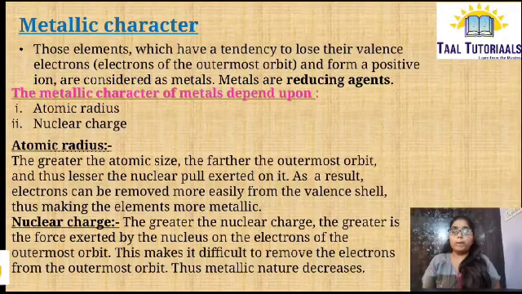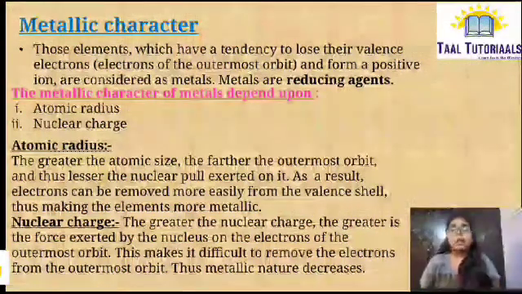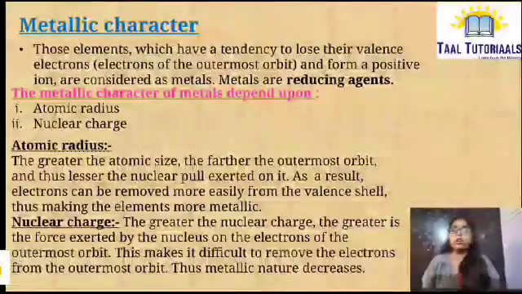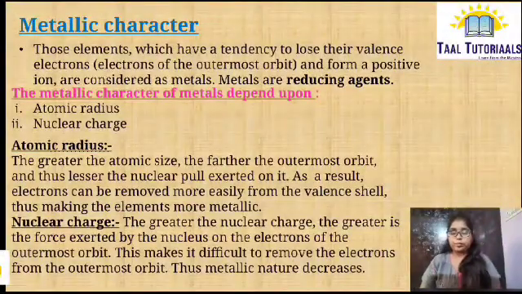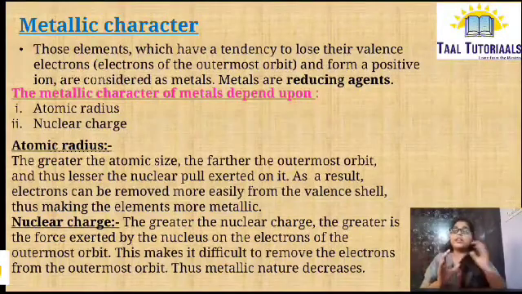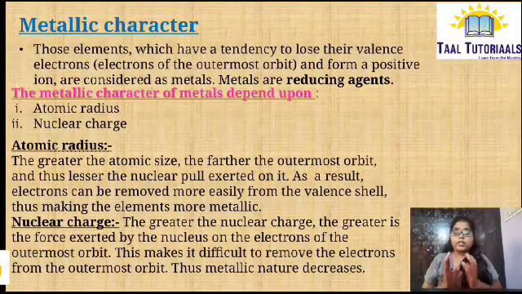Now, the metallic character of metals depends upon two things. One is atomic radius and one is nuclear charge. Atomic radius: the greater the atomic size, the farther is the outermost orbit. What is the atomic radius? The distance between the nucleus and the outermost shell.